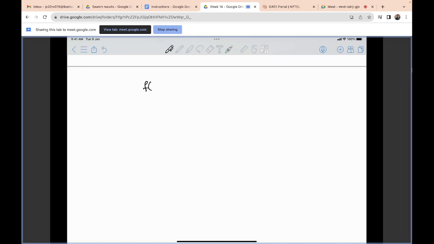So f(x) is given by the summation n equals 0 to infinity of 1 by 2 to the power n times the characteristic function of the interval n to n plus 1.